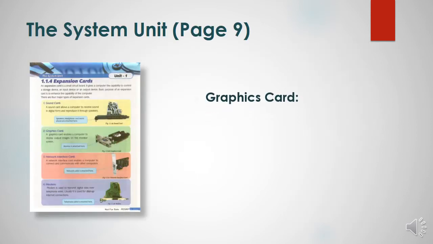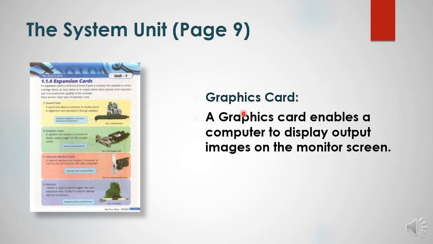Graphics card. A graphics card enables a computer to display output images on the monitor screen. A graphics card is a piece of computer hardware that produces the images you can see on a monitor. We just need a graphics card if we want high quality graphics.